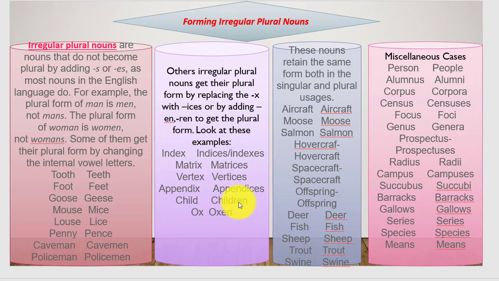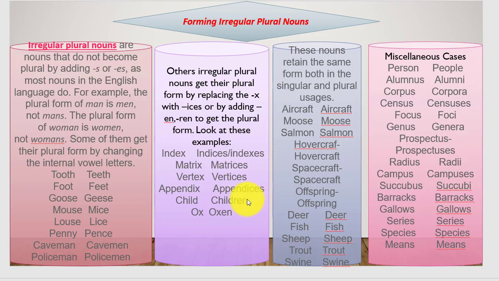Child, children. Ox, oxen. I heard a student saying that he has three childrens. You cannot write childrens, it is already plural.